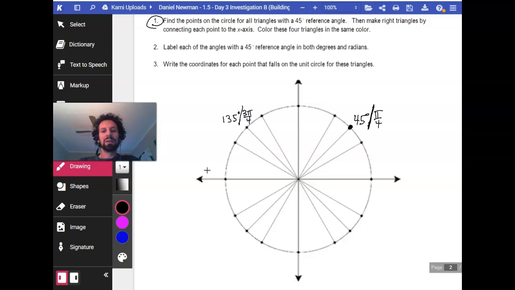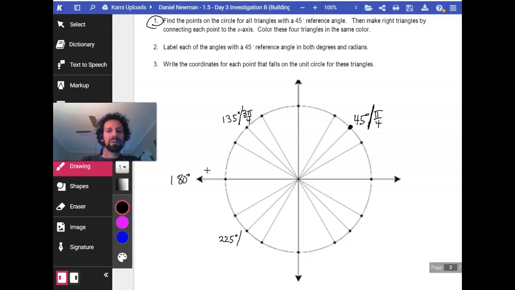And next place is here. And that's going to be, well, this is 180. 45 degrees more than that is going to be 215 degrees. Sorry, 225 degrees.